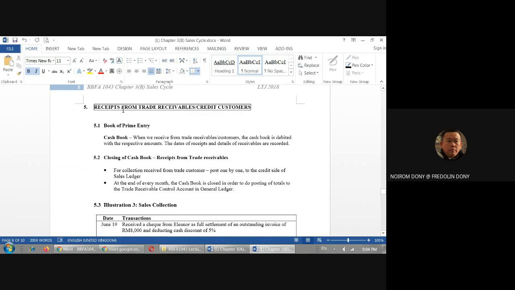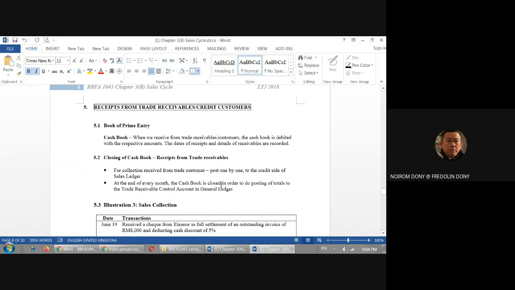So what is the prime entry whenever there is a receipt from a trade receivable? The prime entry will be the cash book. And then we do the closing. So we have to do the first step: individually we post one by one to the sales ledger on the credit side. And then at the end of the month, we do the double entry in the general ledger.